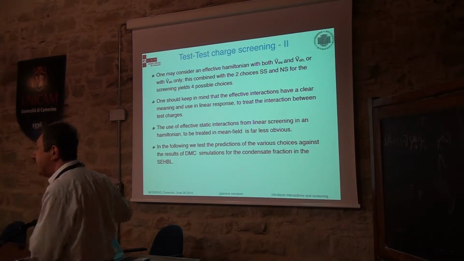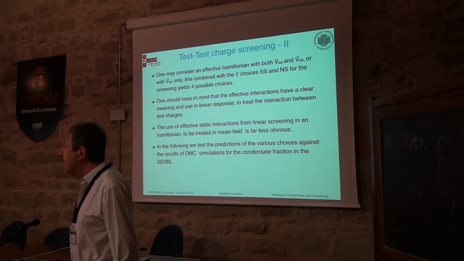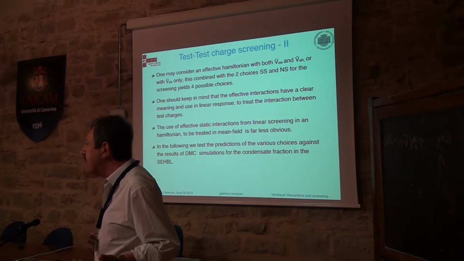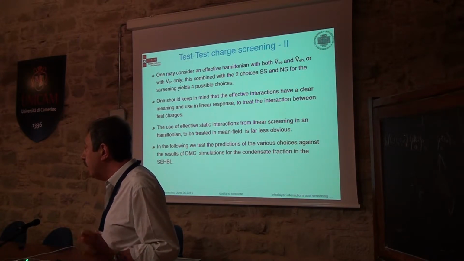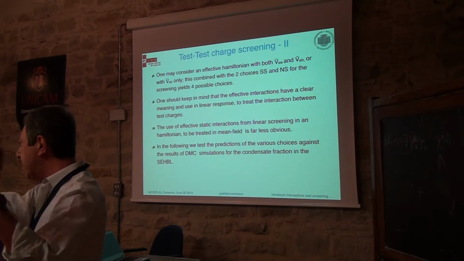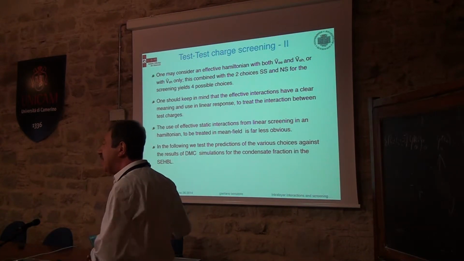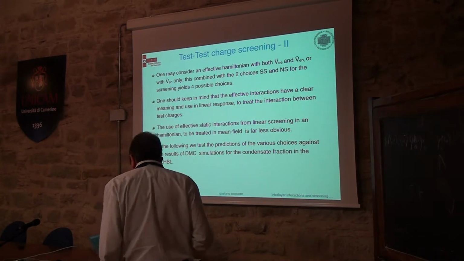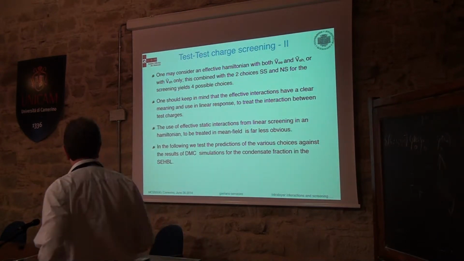In fact, here you take the bare kinetic energy and then you put an effective interaction. I must say, I did the calculation out of curiosity to see what I get. But had I to justify it, I would be in trouble. I don't know if there is any systematic way where you start from a Hamiltonian, you do systematic approximation to the Hamiltonian, and you get out this kind of result. I don't know of any such technique. However, as a layman, I just try and see what I get.